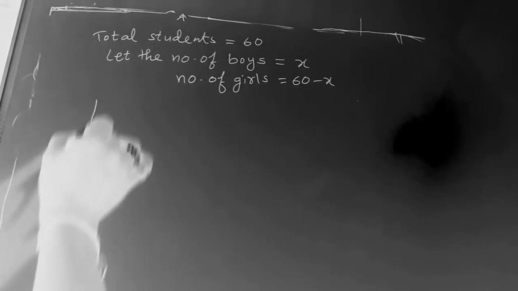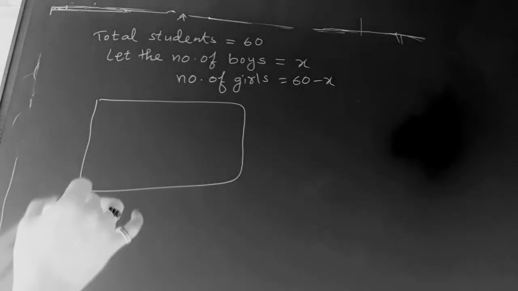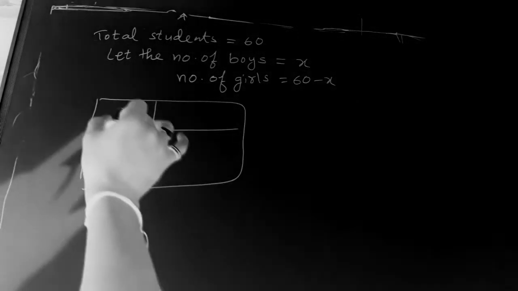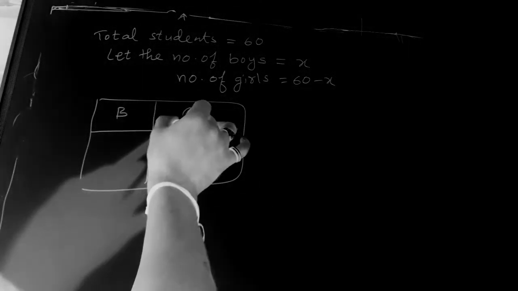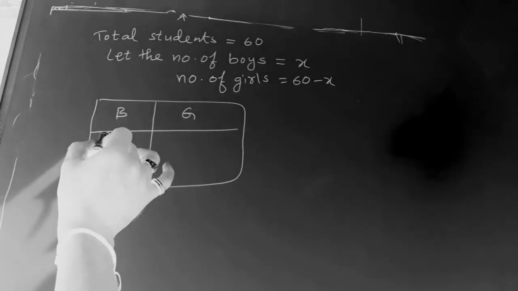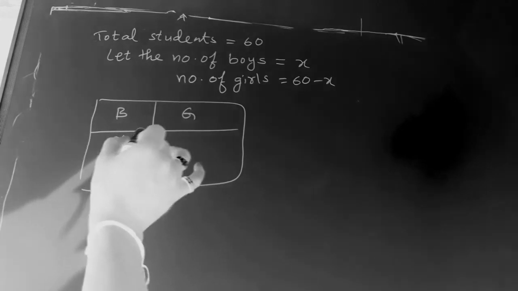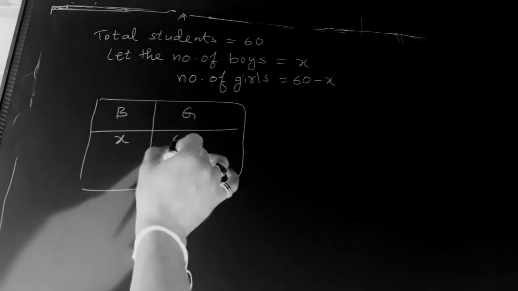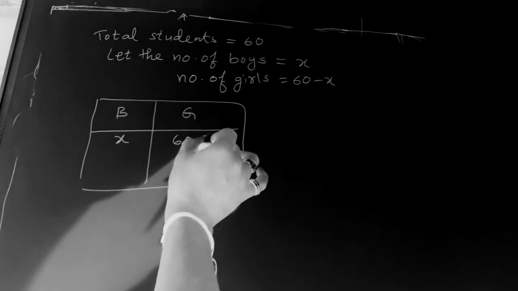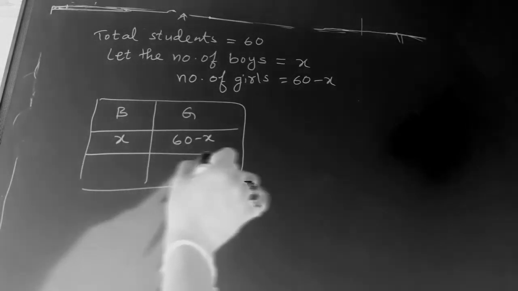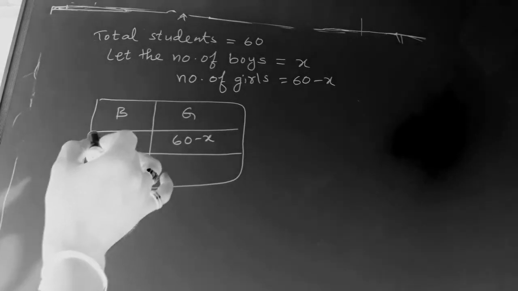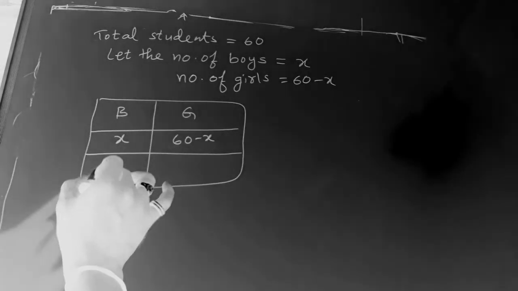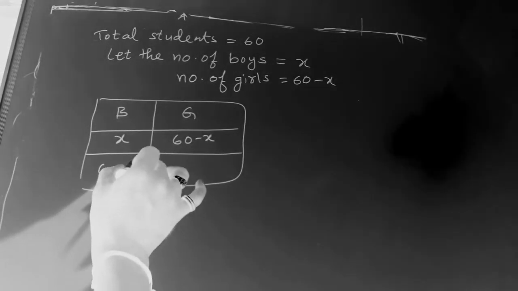So this is boys, this is girls. X boys are there, and 60 minus x girls are there. Each boy will contribute money equal to the number of girls, so 60 minus x.